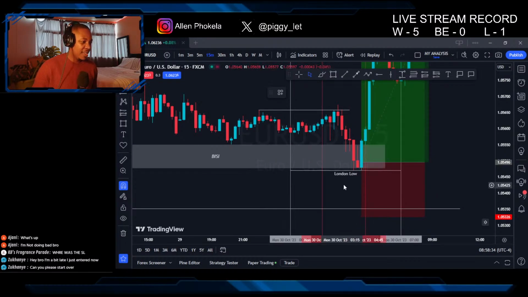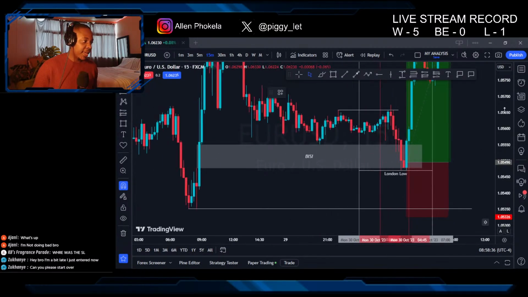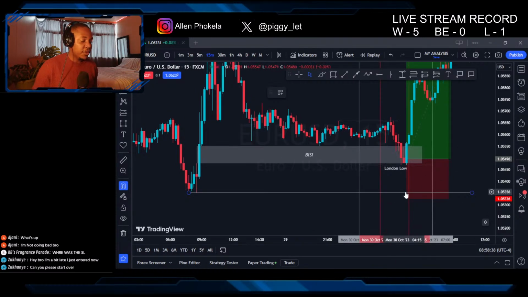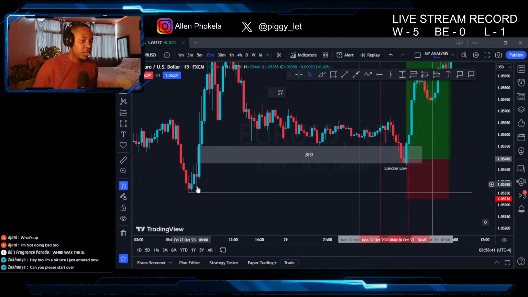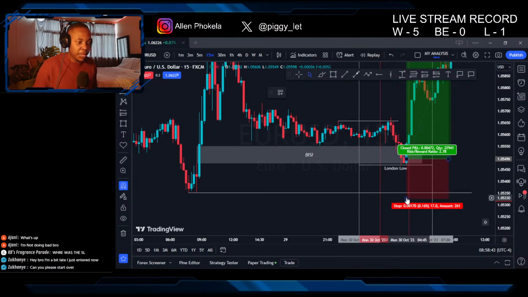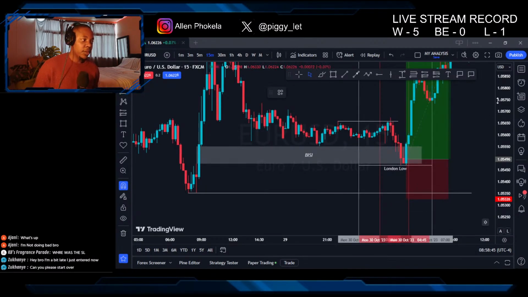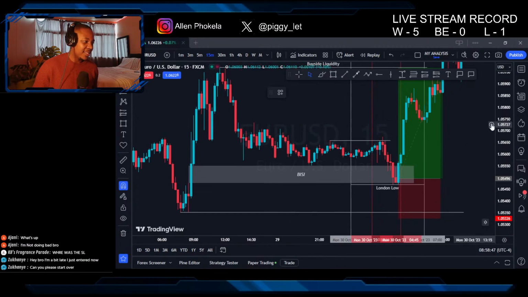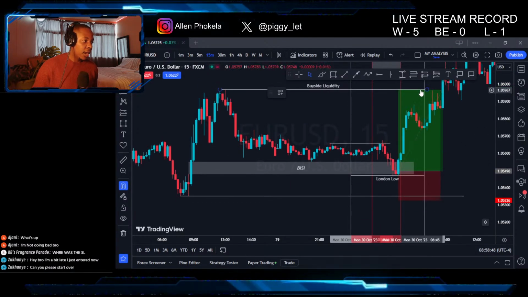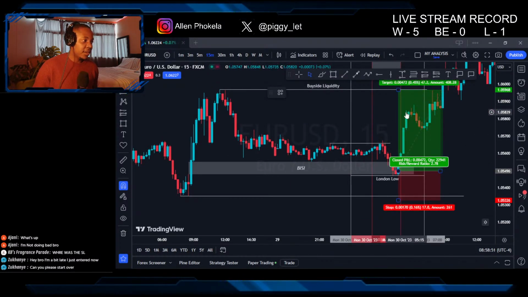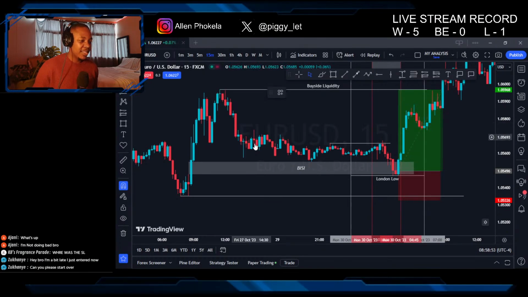And then you can have your SL below this low, which is around 17 pips, which is nothing if you're using proper risk management, and then target around 47 pips, which is the buy side.